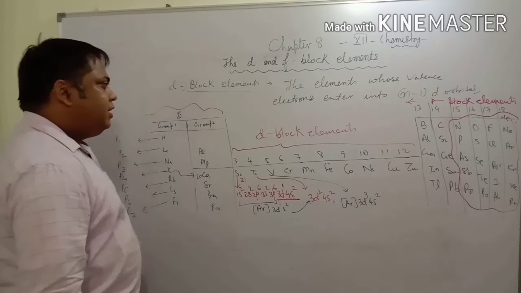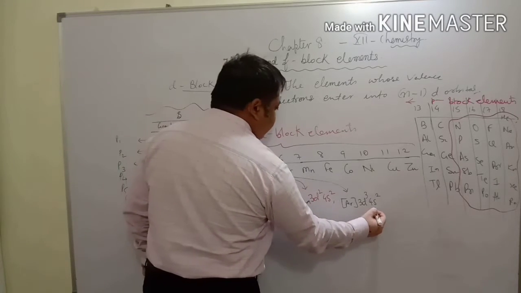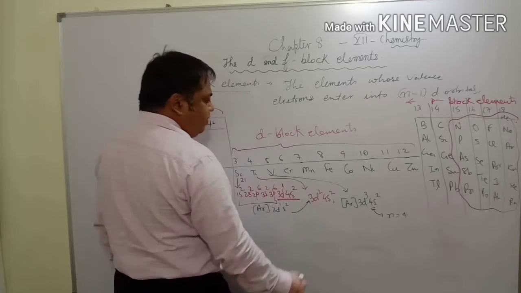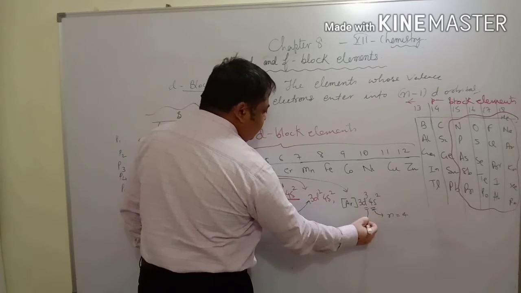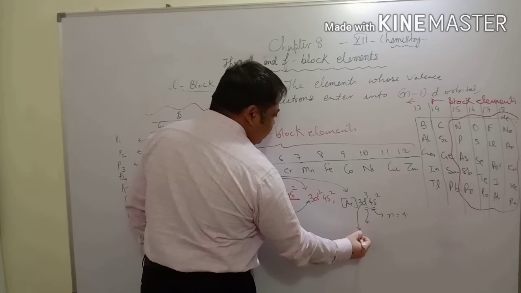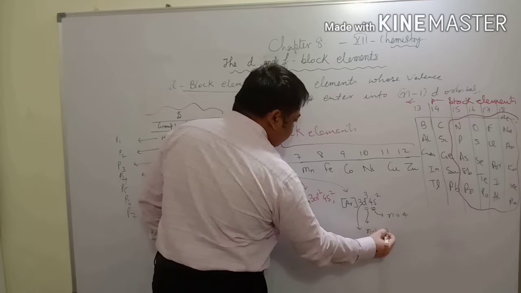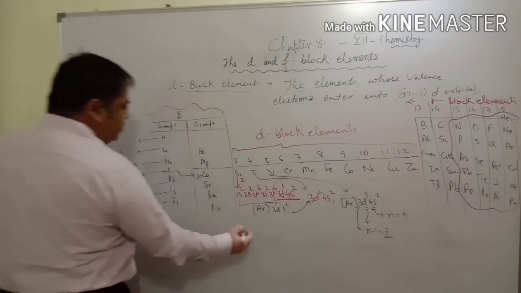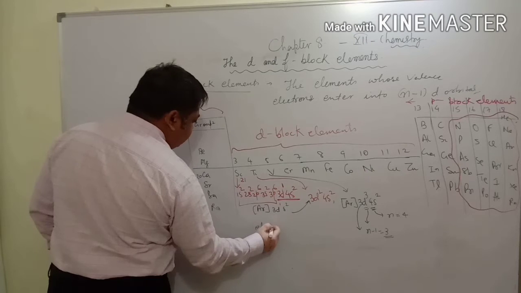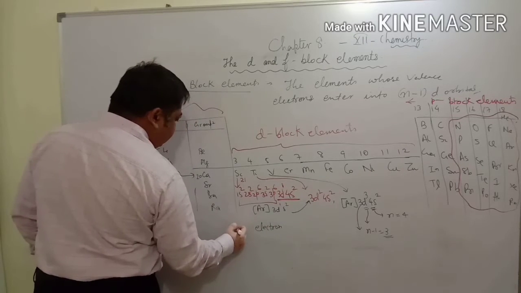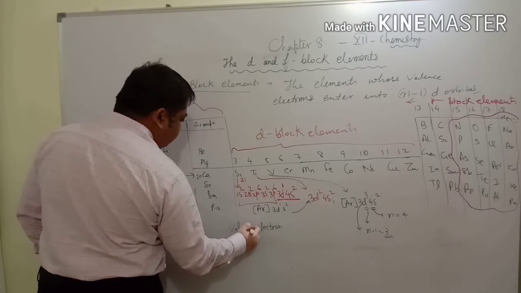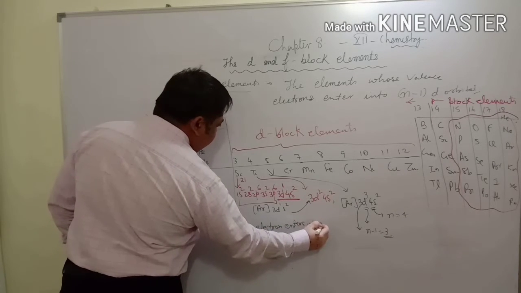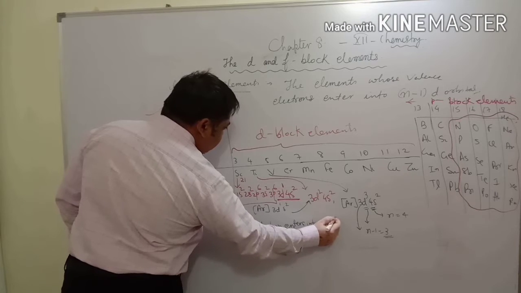So what we are seeing here is that the value of n is 4 and the principal quantum number of the valence shell is n minus 1 equal to 3. So here the valence electron enters into the n minus 1 d orbital.